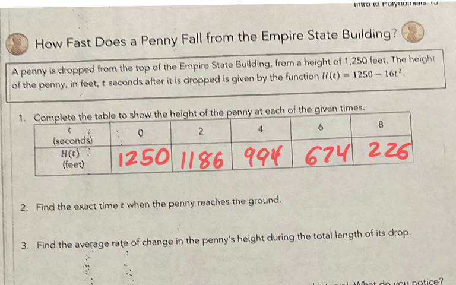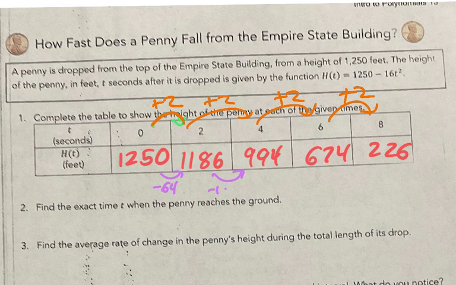Questions there? I have a question that they didn't ask. Is this linear? Do I have equal input intervals? From 0 to 2 is up 2. From 2 to 4 is up 2. From 4 to 6 is up 2. From 6 to 8 is up 2. I have equal input intervals. So to be linear, I must also have equal outputs. This one goes down by 64.